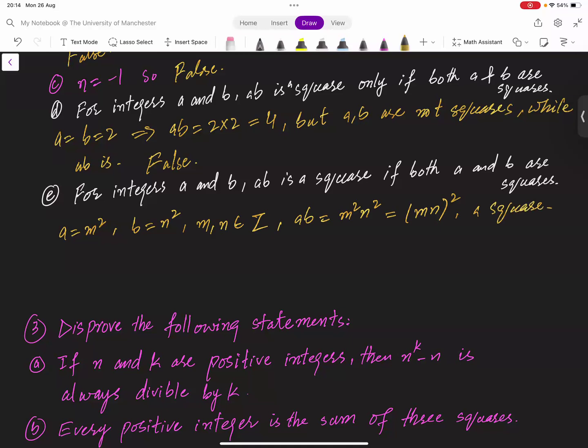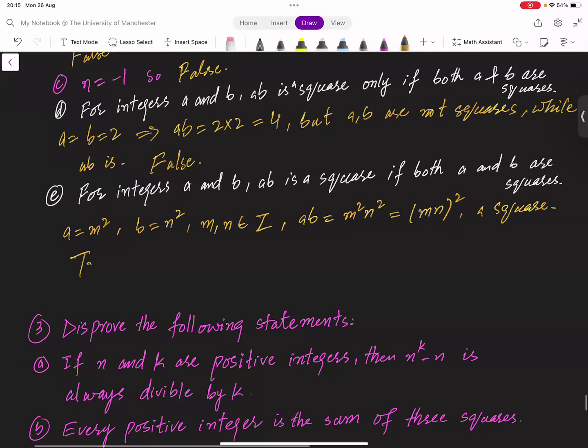So if you remove the only and just say A and B are squares, then the product will be a square. That's fine. But with the only, there are many numbers which are not squares, but their product is a square. So this is true.